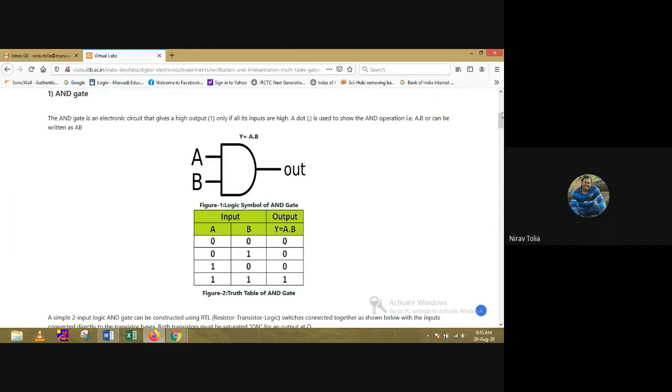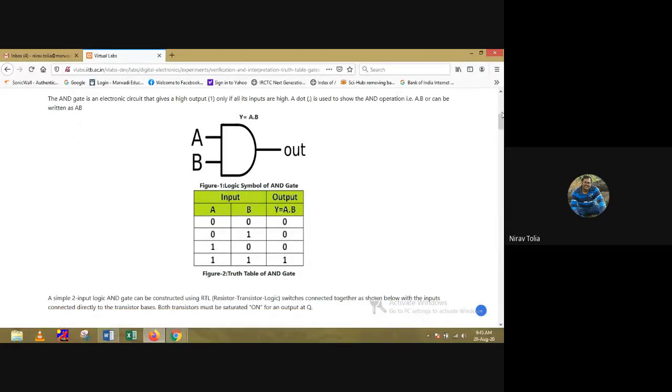The output of the AND gate will be high only when all the inputs of the AND gate are high. You can easily see the truth table of the AND gate.